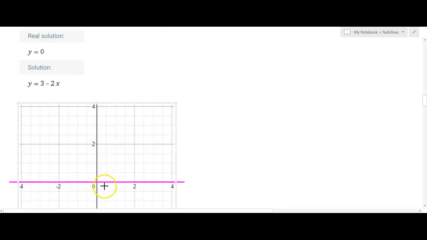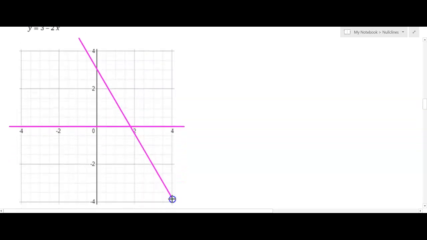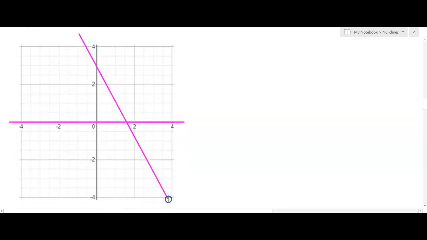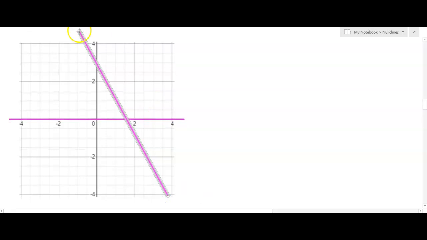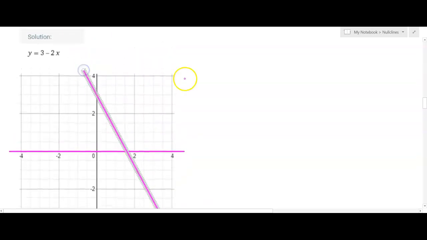So we should have (1, 1), which means we'll go through these two points here. Close-ish, good enough, that will work. It's about as accurate as I'm going to be able to get it here. There we are. Okay, so that goes through that location.